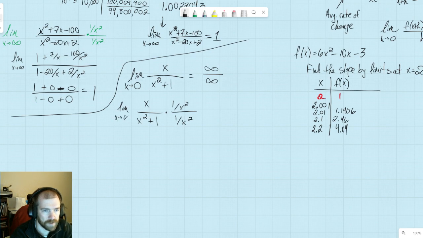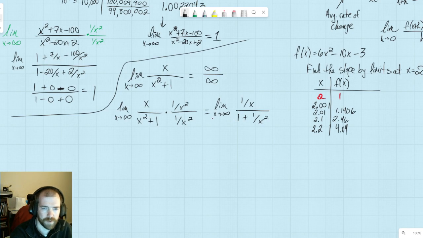Limit as x goes, no, not 0, as x goes to infinity. That's important. This is going to be equal to the limit as x goes to infinity of, here, x divided by x squared is going to be 1 over x. Over here, this is going to be 1 plus 1 over x squared.